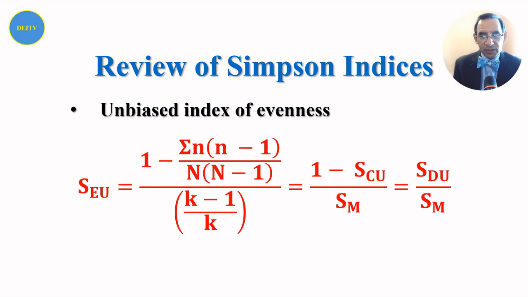And then to get the maximum score, again, it's going to be the number of categories, k, minus 1 divided by the number of categories, k. So together it's going to be 1 minus the Simpson concentration or similarity score divided by the maximum value, and that gives you the unbiased Simpson standardized or evenness score.